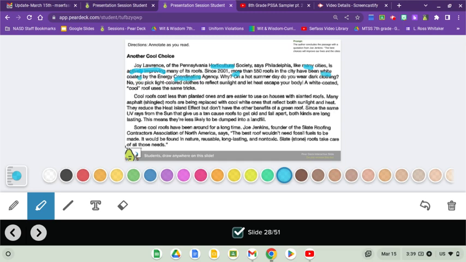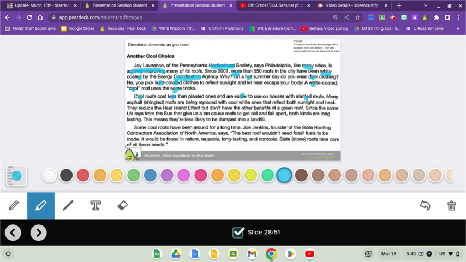Why? On a hot summer day, do you wear dark clothing? No. You pick light-colored clothes to reflect sunlight and let heat escape your body. A white-coated cool roof uses the same tricks. Cool roofs cost less than planted ones and are easier to use on houses with slanted roofs.